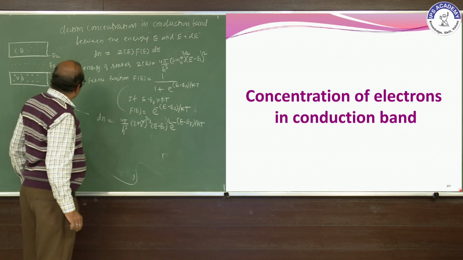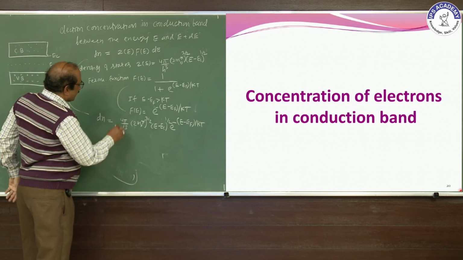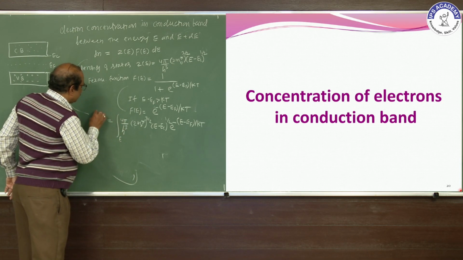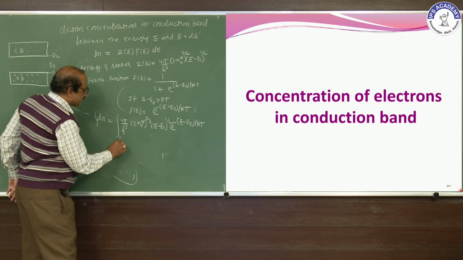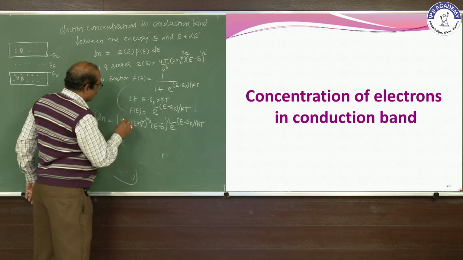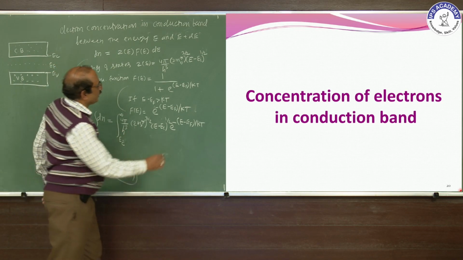If you want to calculate the total number of electrons from Ec to infinity, then we can integrate this equation from Ec, the energy of the bottom of the conduction band, to infinity, into dE.